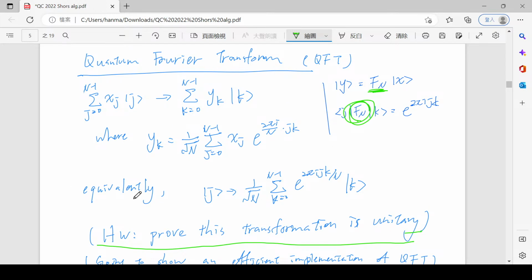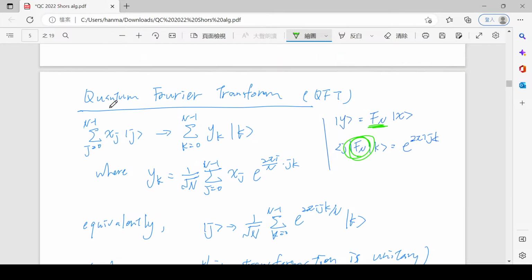But at a very high level, we are going to see that quantum Fourier transform can be implemented very efficiently, and thus arguably the root of the quantum speedup for Shor's algorithm.